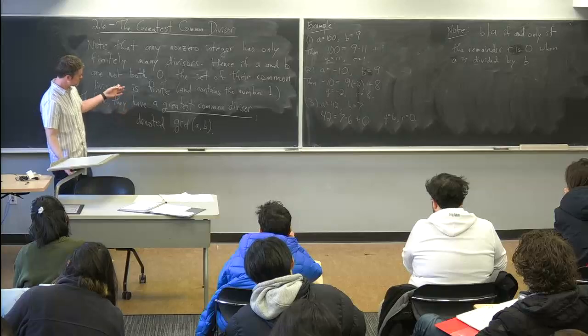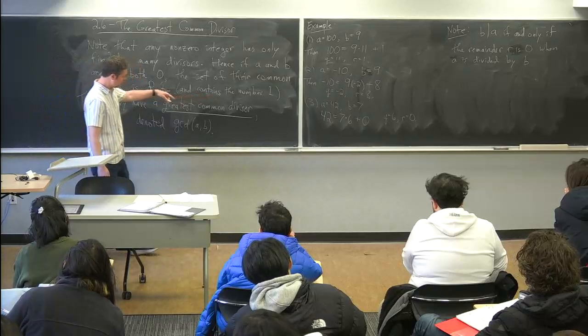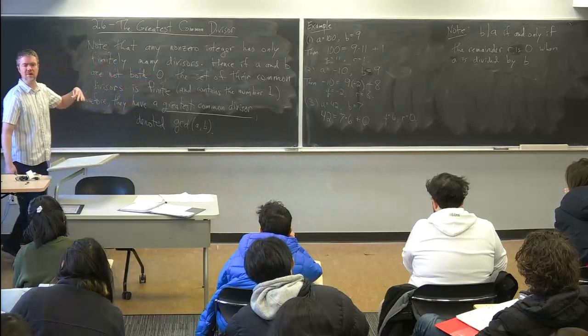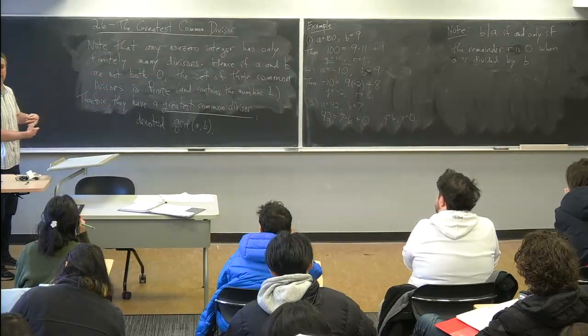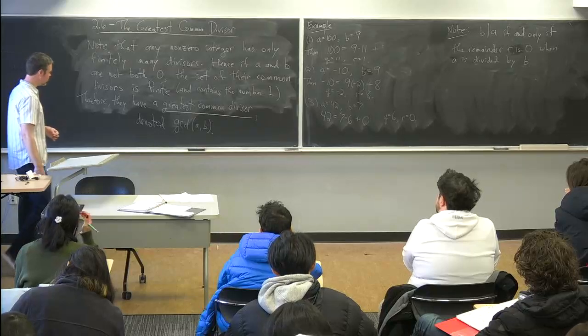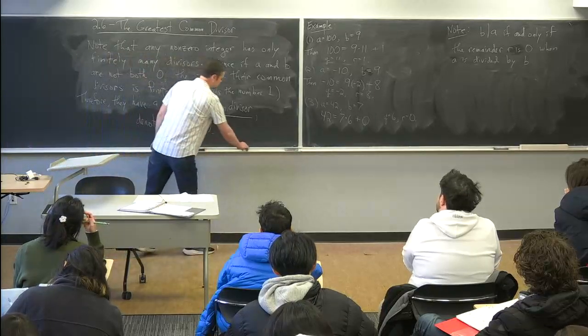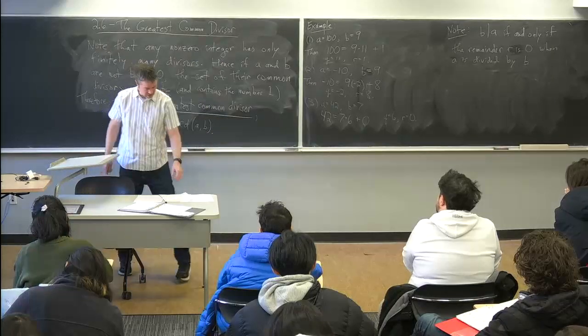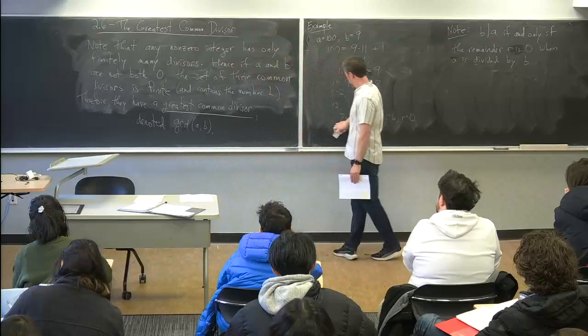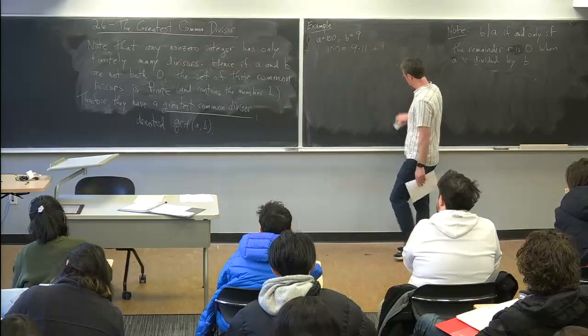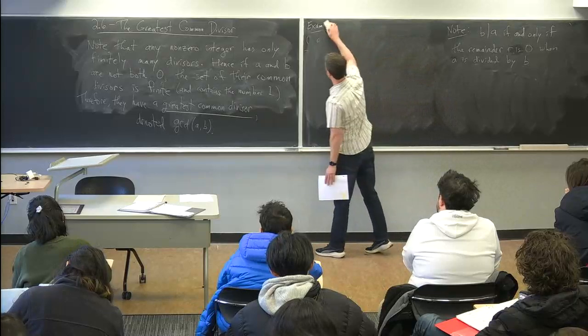The number 1 is in here, so 1 is sort of the smallest it could be. 1 is a common divisor, so the GCD can never go lower than 1. But in a lot of cases, it's larger than 1. So that's what is meant by a greatest common divisor. We can look at a couple examples with small numbers, just to make sure we are totally fine with this concept.